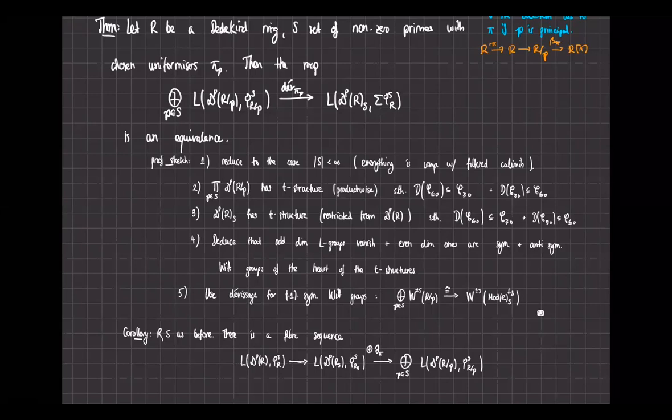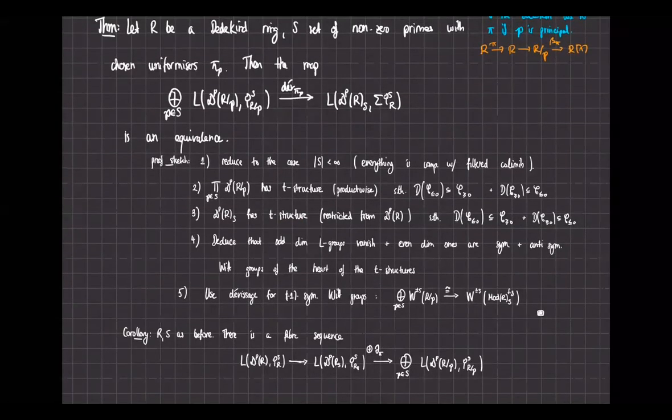And then it's a fun exercise to convince yourself that this duality restricted to the torsion objects, in fact, sends co-connective objects to connective objects. That's sort of a little exercise one has to do. And you also have to check that the T structure, in fact, restricts to the torsion complexes.